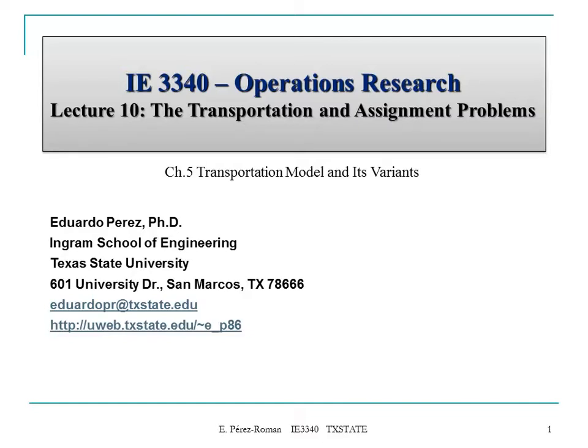But the transportation problem will involve different things such as the time it takes to run a truck from point A to point B, the cost of moving that truck, and so on. So in this lecture, we're going to study the transportation and the assignment problems, and we're going to consider only a few items that affect the problem.